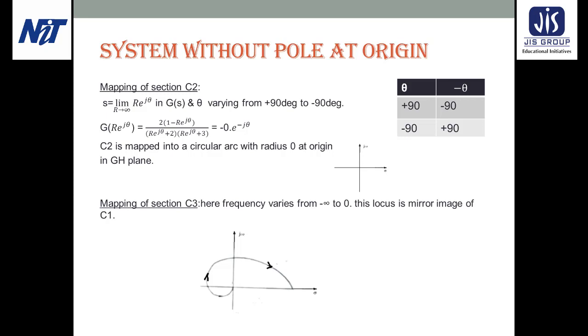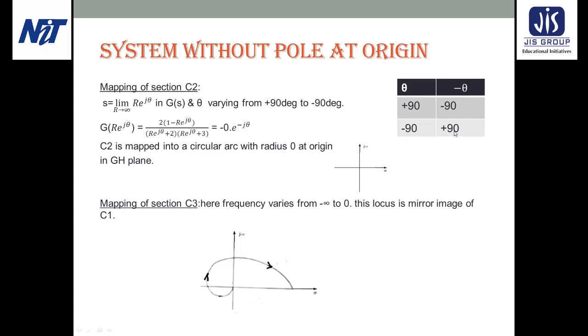So if we put g of s, where s is equal to r e to the power j theta, then we will find that limit r tends to infinity, g of r e to the power j theta becomes 0 into e to the power minus j theta. Now this one is minus theta. So if theta is 90, minus theta is minus 90. If theta is minus 90, then minus theta is plus 90.